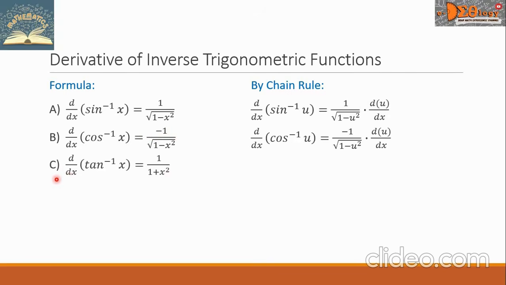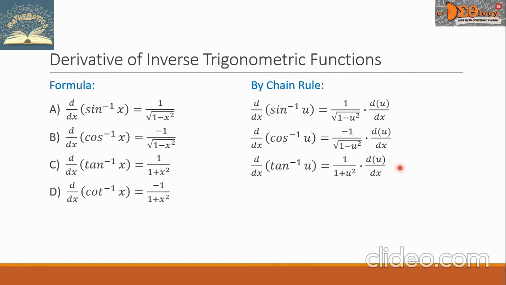Third formula, the derivative of tangent inverse of x. This is equal to 1 all over 1 plus x squared. By chain rule, the formula becomes like this. Fourth formula is d over dx of cotangent inverse of x.